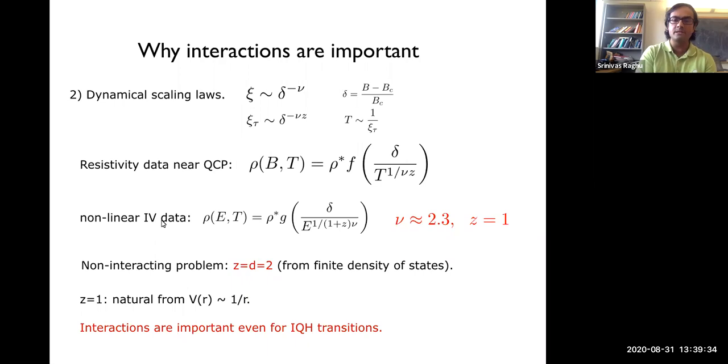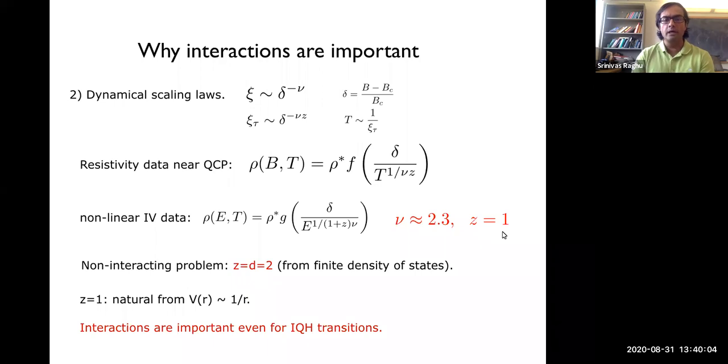These experiments have been done for integer quantum Hall states as well as fractional quantum Hall states, and both seem to be roughly comparable to each other. The exponent nu, for instance, is close to 2.3, and the dynamical exponent in this class of experiments seems to be z equals 1. There are other experiments as well, looking at the width of the transition region as a function of temperature. All of these seem to corroborate z equals 1.